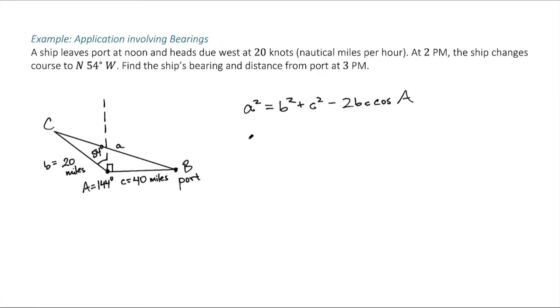A, we do not know. B is 20, so 20 squared, plus C is 40, so 40 squared, minus 2 times 20 times 40 times the cosine of the angle A, which is 144 degrees. So A will be the square root of all of this.